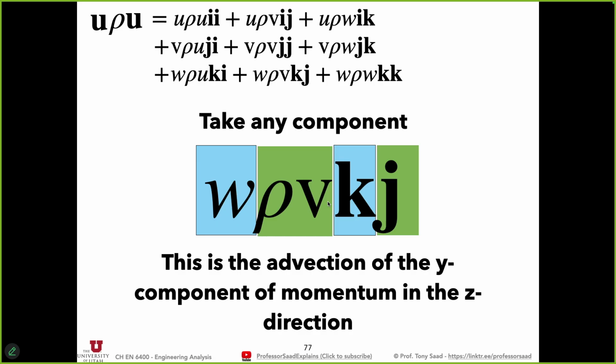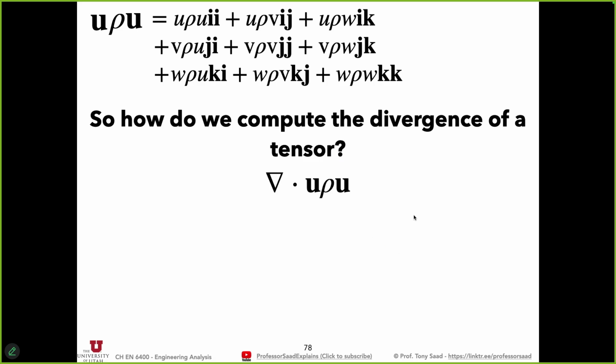Now, next, what we're interested in, and what makes it to the momentum equations, if you remember, is the divergence of that advective flux. Why? Because the divergence tells you the net that's being left in the control volume. The advective flux itself is just what's coming in and what's leaving.